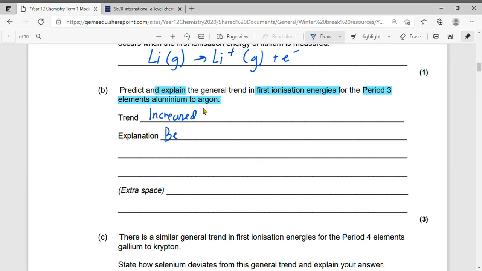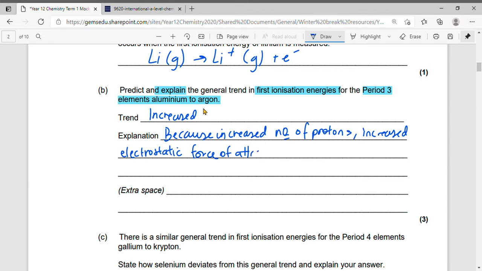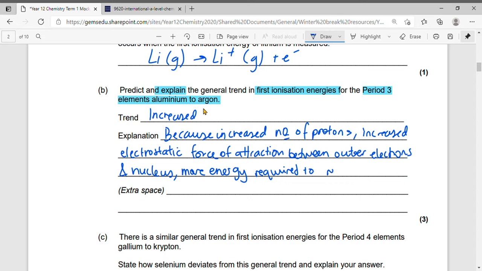Because of increased number of protons, increased electrostatic force of attraction between outer electrons and nucleus, more energy to remove outermost electron.